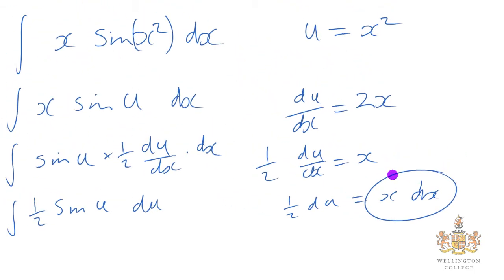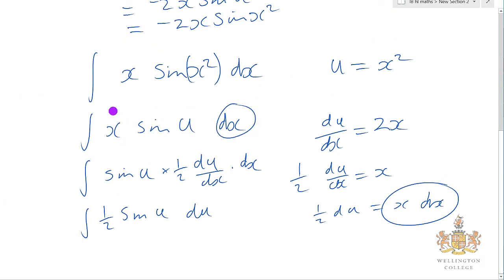So replace the x dx here. Effectively this here will equal the same as all of that there, and so it gets replaced by this in our expression. And then we just get something that's much easier to integrate.